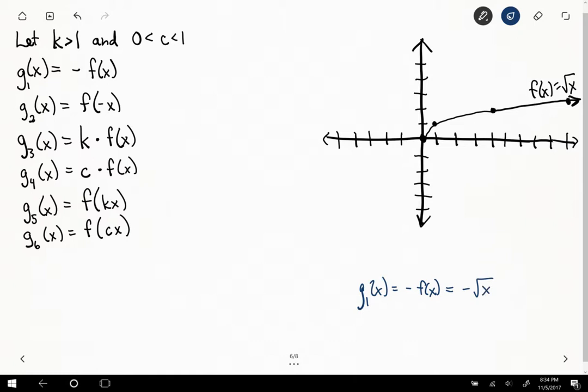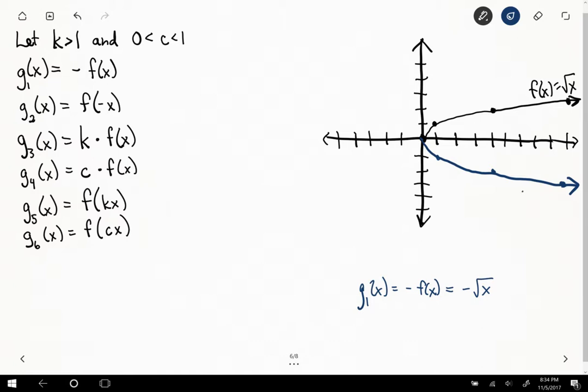Well, notice when we had positive 1 as an output, that would now become negative 1. When we had positive 2 as the output for 4, this would be 4 giving us negative 2. And same thing when 3 was the output for 9, we should correspond to negative 3. So what actually happened with this graph here?